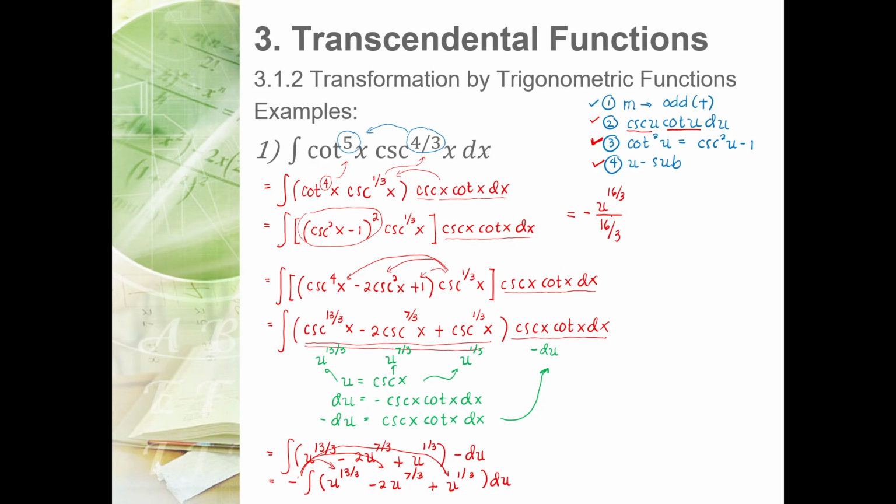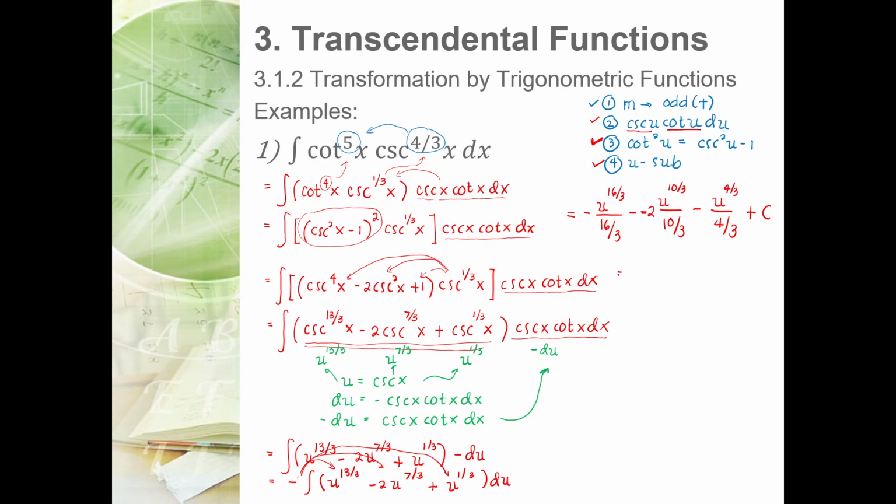So minus the negative 2, u to the 10 thirds. 7 thirds plus 1 is 10 thirds. Then minus plus, so that's minus still. So we have u to the 4 thirds all over 4 thirds plus c.